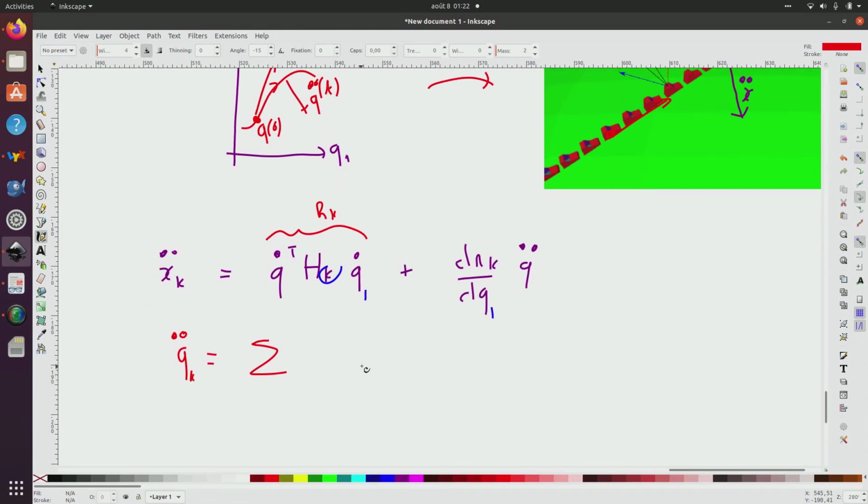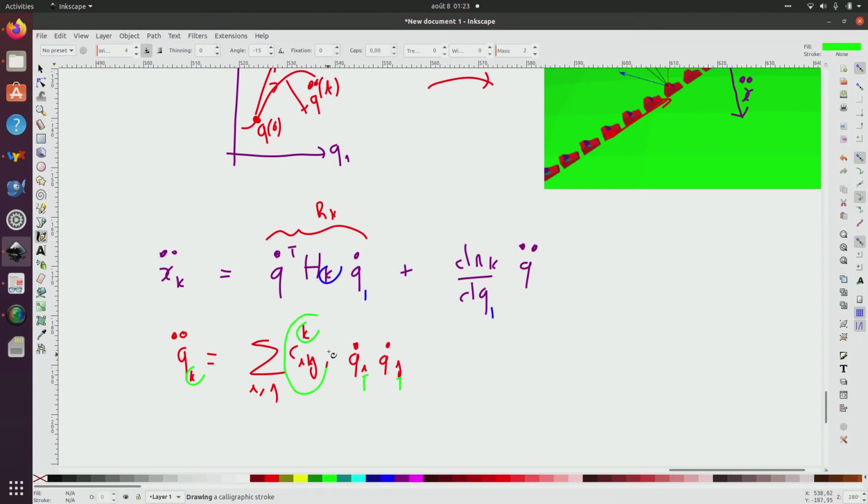It is equal to the sum of q dot i q dot j with some coefficient due to this matrix. And this coefficient, I can call it Gamma i j k, and here a j. So the k here corresponds to this, and the ij corresponds to the index of the Jacobian matrix, and they are given here.